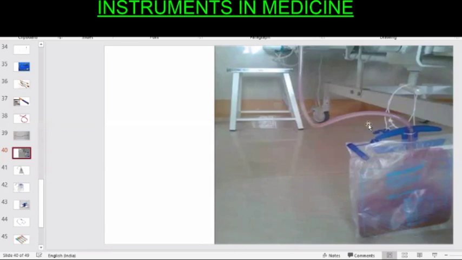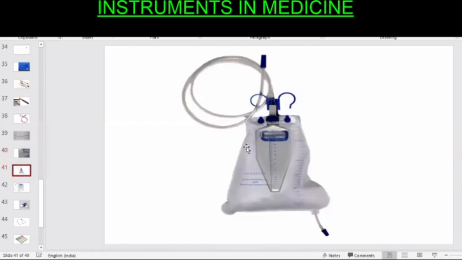The side effect will be only infection. There is a drainage outlet over here, and there is an inlet also. You will have to drain the bag through this outlet so that it doesn't become a site of infection. What is this? Collection bag.